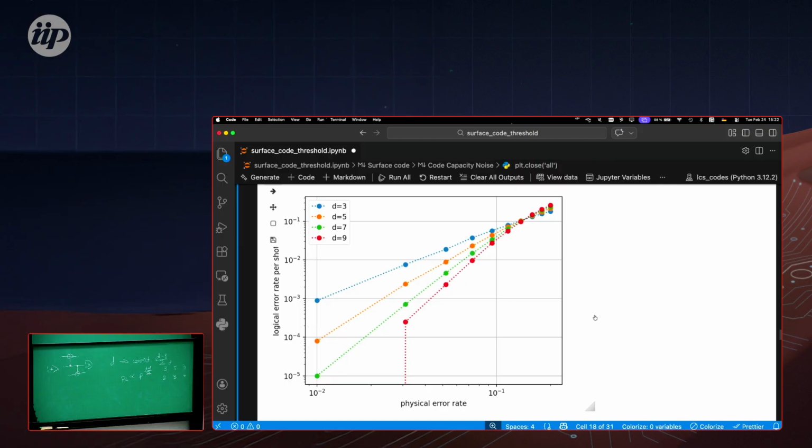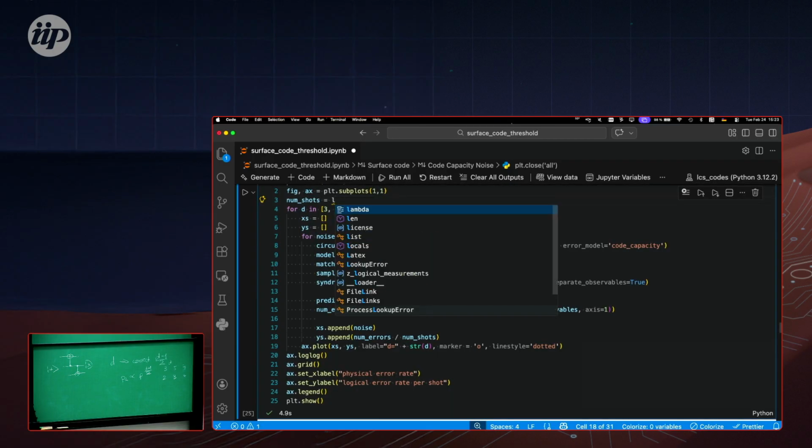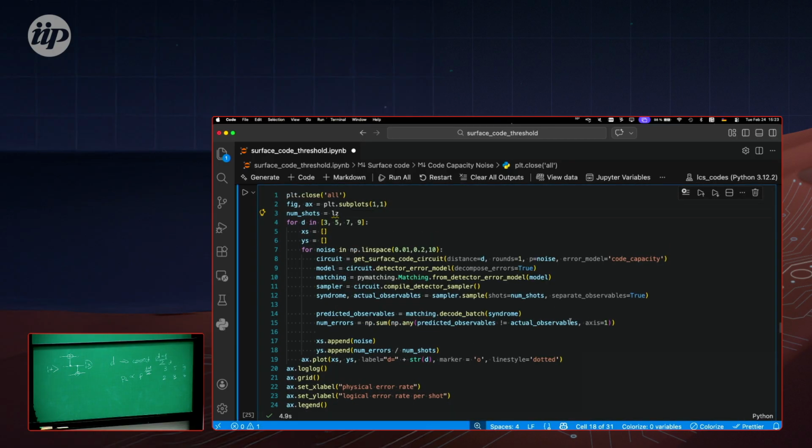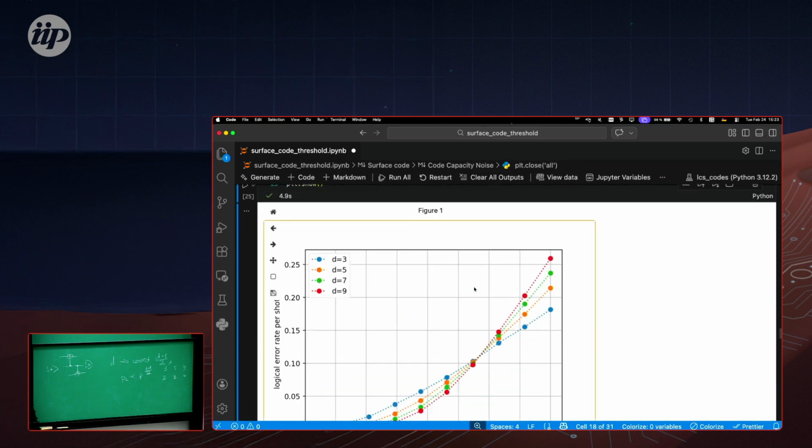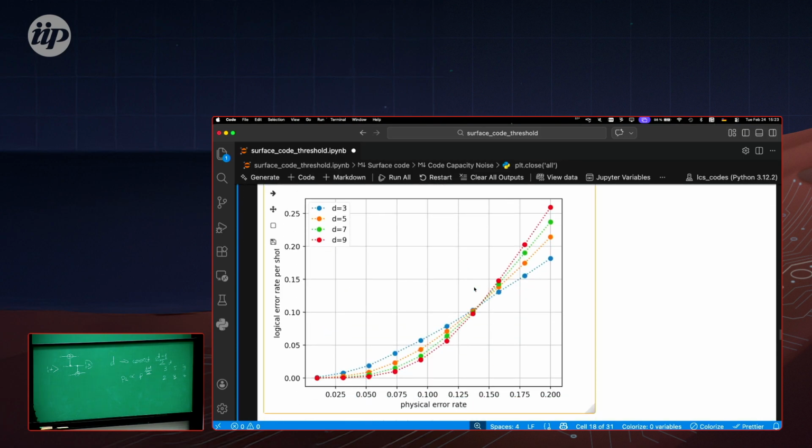Now this also gives us a threshold, a point where if we make the system larger and larger, below this point we will always correct, and above this point we will always be wrong. This is the threshold, which you can see up here. If we look at this in a linear plot, you can also see this value.